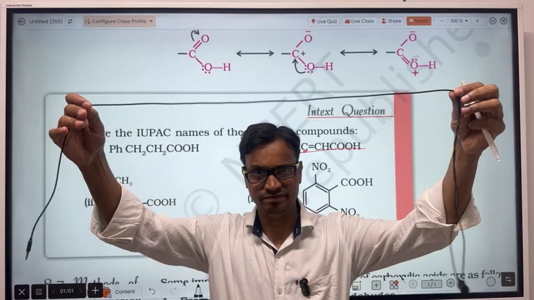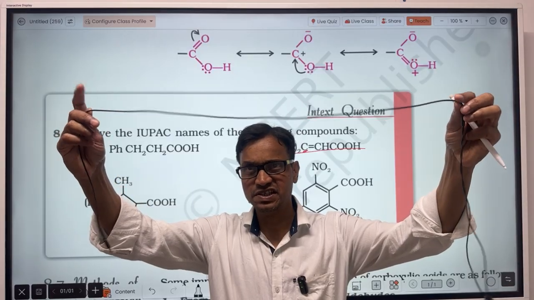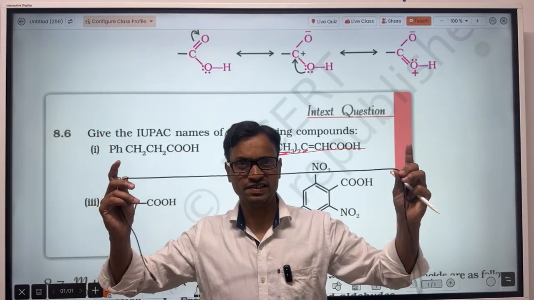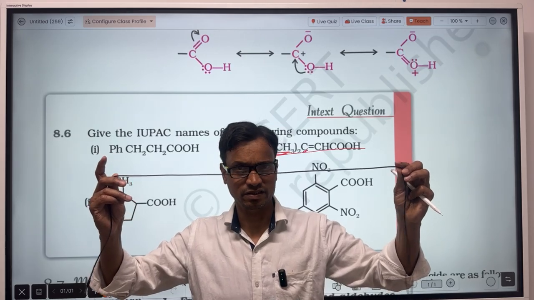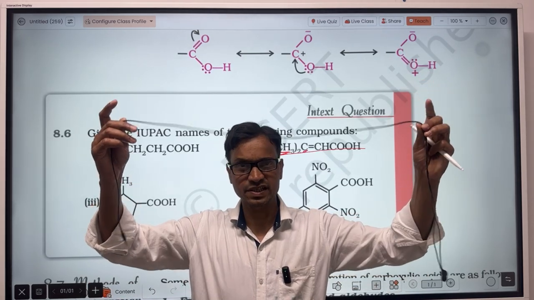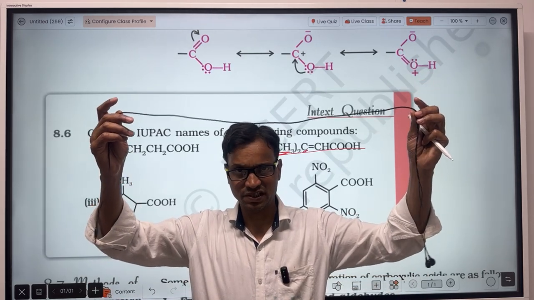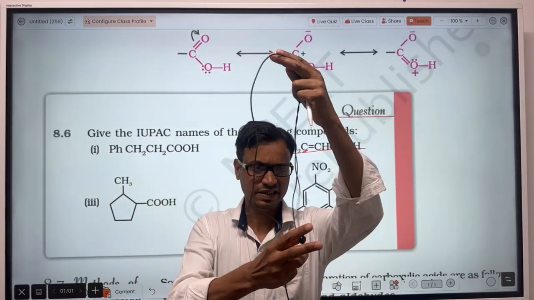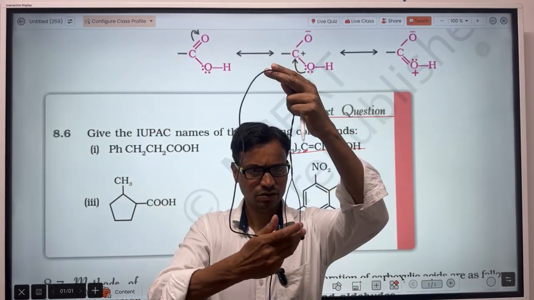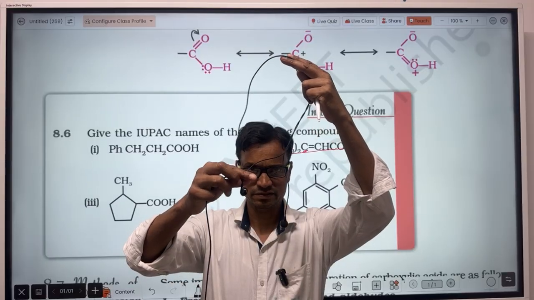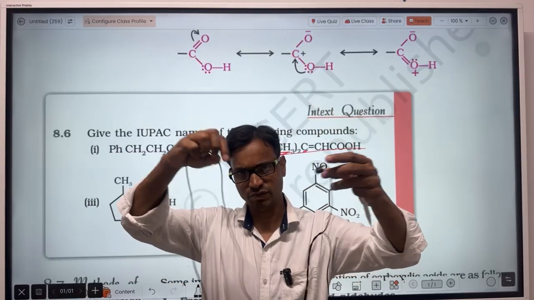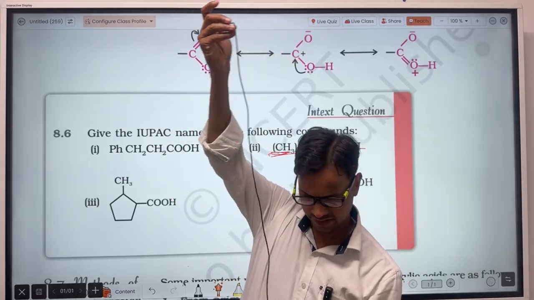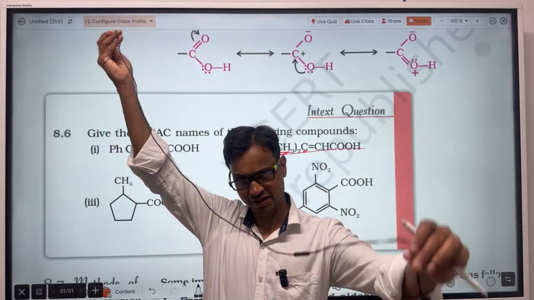So the length of the carbon chain is not only from here to here. The length of this earphone is from this end to either this end or this end. That means the length of this earphone is from here to here or from here to here.